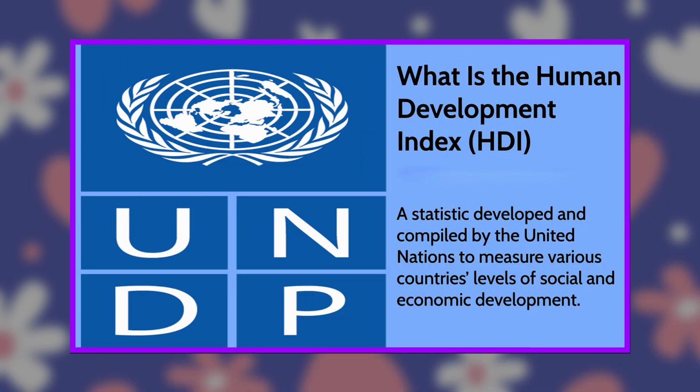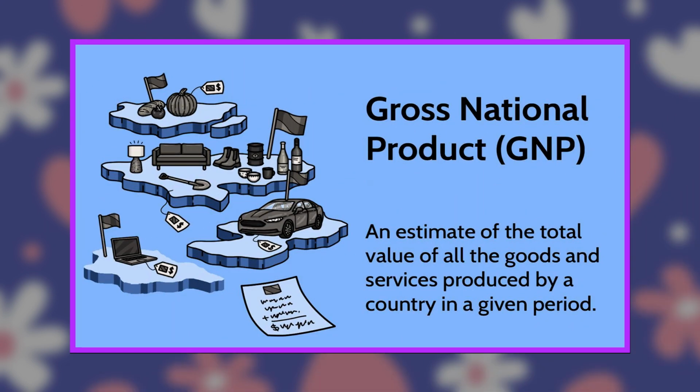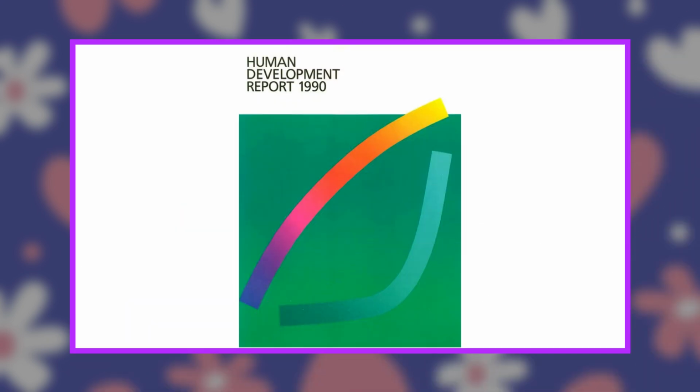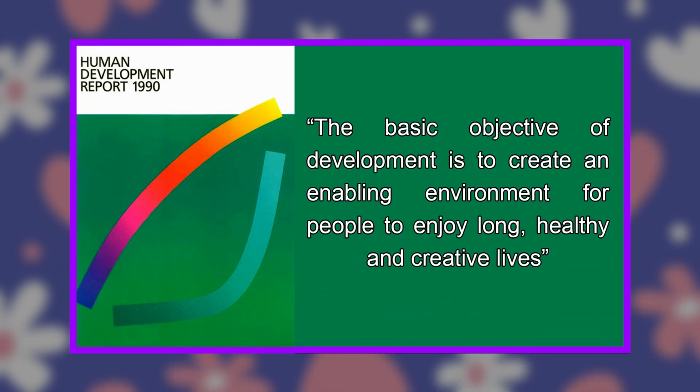Based on the notion of human development, the Human Development Index is constructed to serve as a more humane measure of development than a strictly income-based benchmark of per capita GNP. The first UNDP Human Development Report published in 1990 stated, I quote, "The basic objective of development is to create an enabling environment for people to enjoy long, healthy and creative lives," unquote.